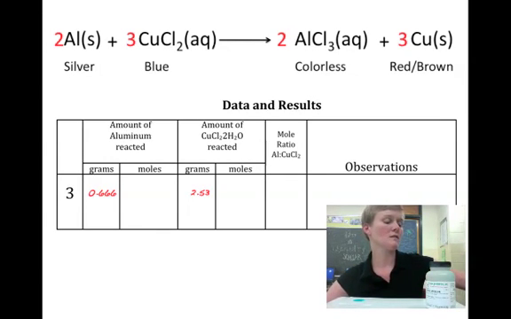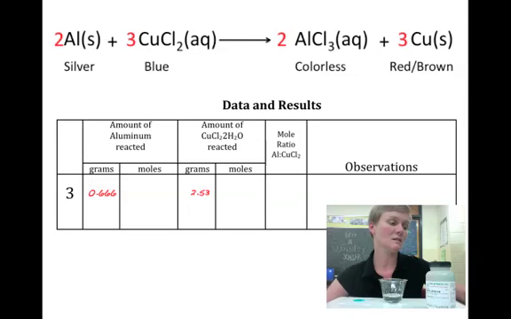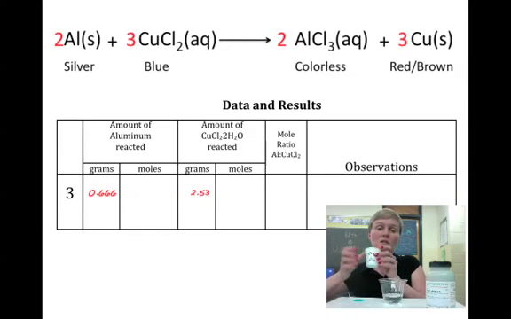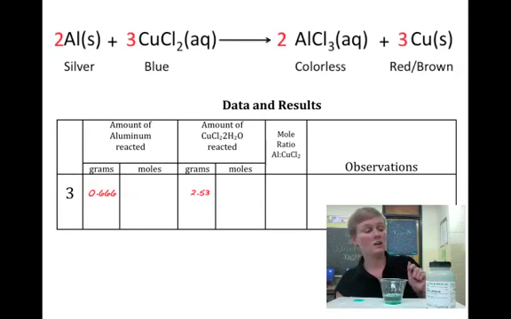In the third one, you probably guessed, I'm going to use even more aluminum. This time I'm going to use 0.66. I'm going to use the exact same amounts of copper chloride, which is 2.53. Same mass, same number of moles for copper chloride, larger amount of aluminum.